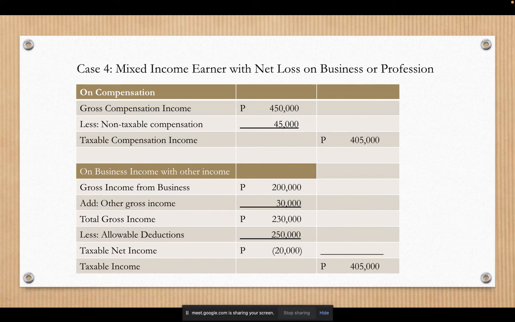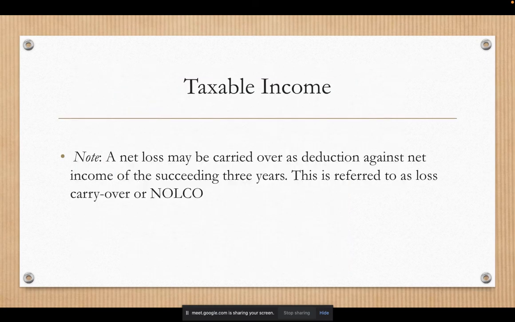And then you will use that certificate as part of the declaration when you do your annual taxes, since you are not allowed under substituted income tax return filing because you are not earning purely compensation income from one employer. Okay? So, taxable income, please note, a net loss may be carried over as deduction against net income of succeeding 3 years. This is referred to as the loss carryover or NOLCO, net operating loss carryover.